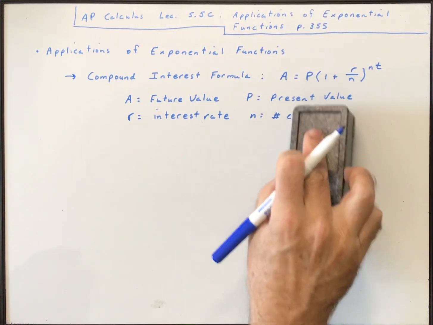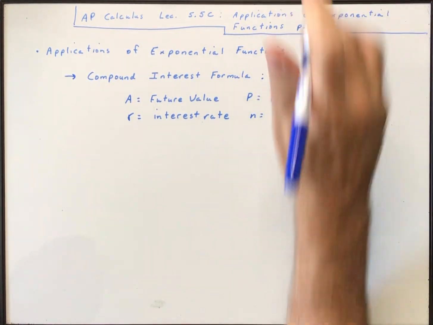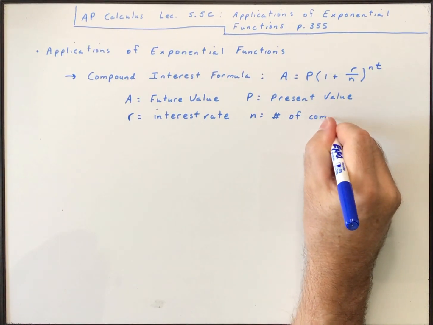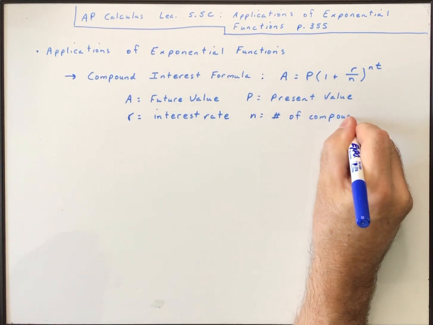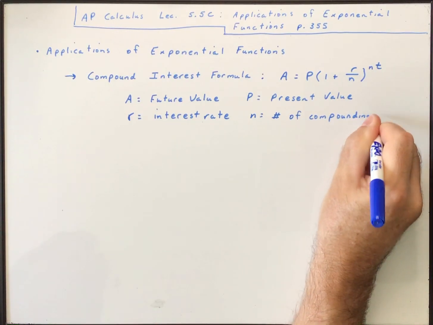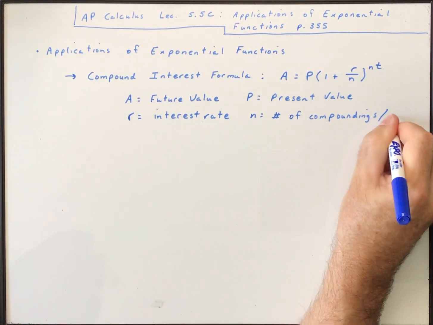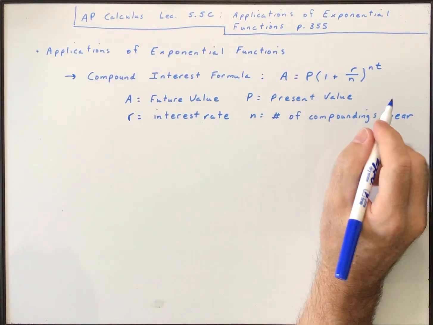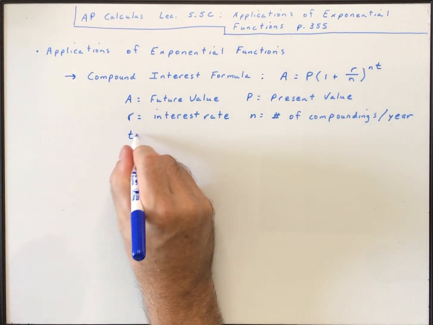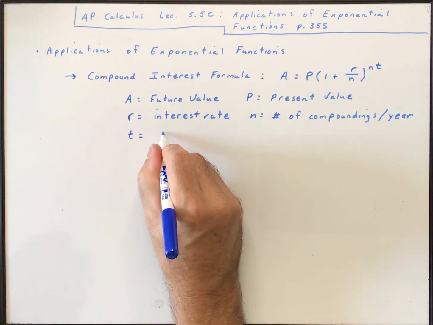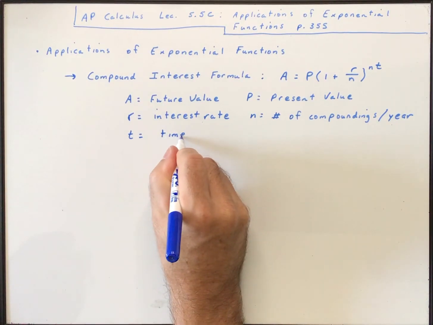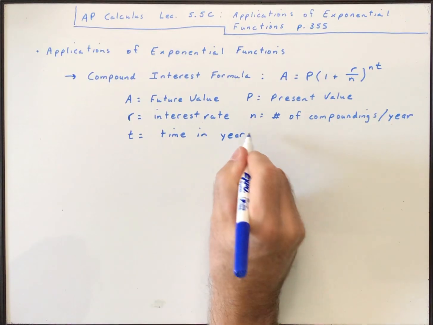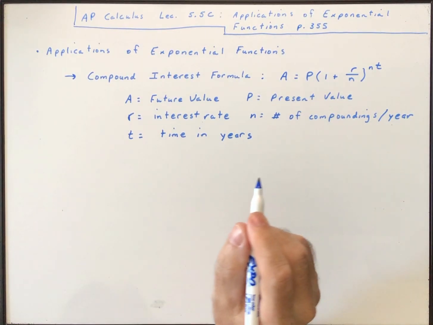So how many times is your interest compounded every year? And finally, T is just the time in years, so the number of years. So if it's half a year, you'd put 0.5.